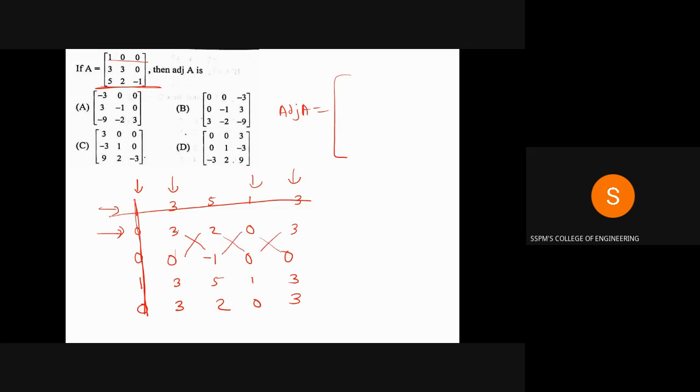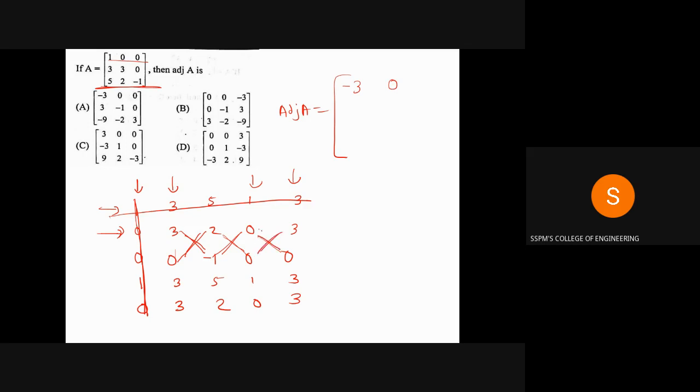So 3 into minus 1 it is minus 3, and 3 into minus 1 it is minus 3, 2 into 0 it is 0. Therefore adjoint entry is minus 3. Then same, 2 into 0 it is 0, 0 into minus 1 is 0, 0 minus 0 is equal to 0.